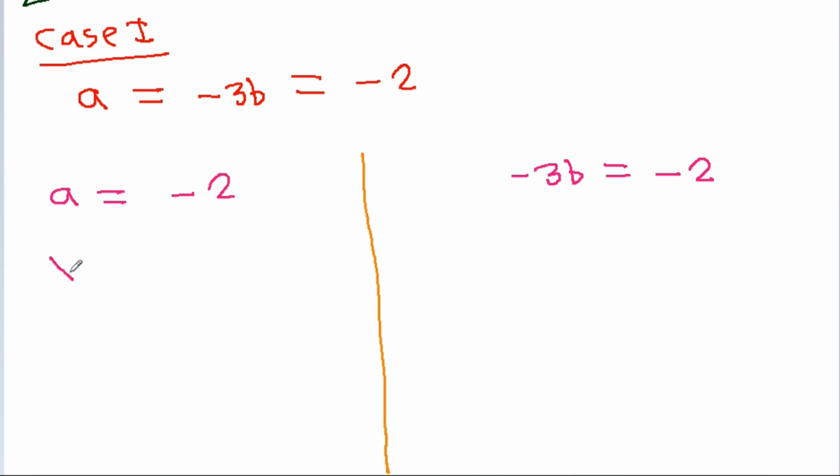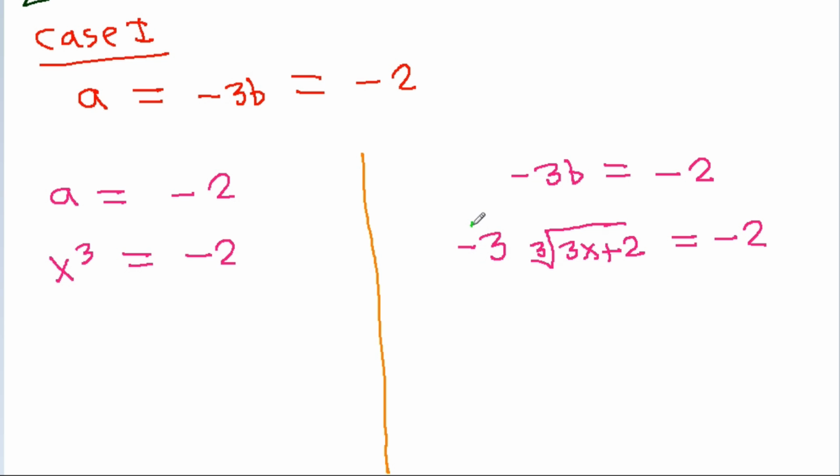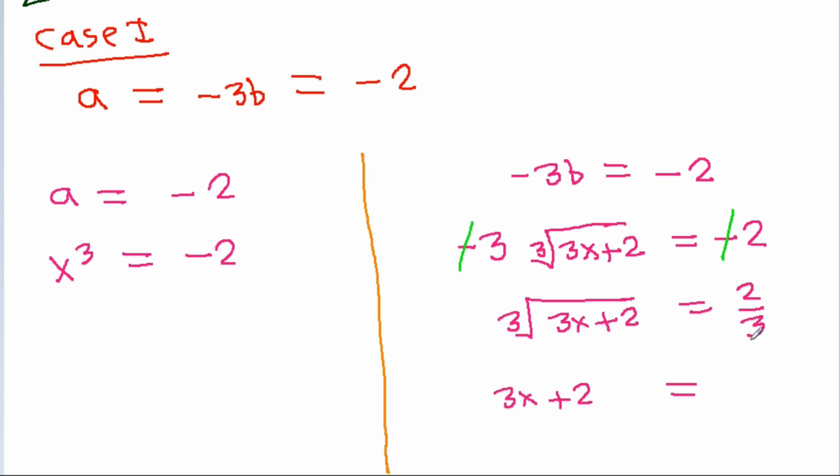So a is x^3, that is equal to minus 2, and minus 3 times b, the cube root of (3x plus 2), is equal to minus 2, and minus will get cancelled, and we get the cube root of (3x plus 2) is equal to 2/3, or 3x plus 2 is equal to (2/3)^3, that is 8/27.